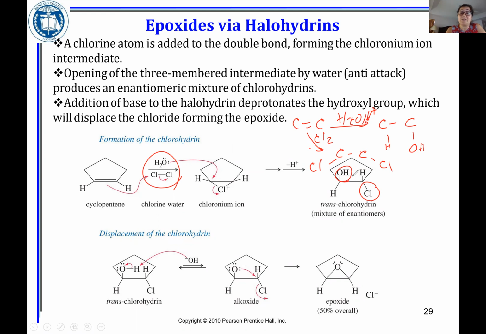If you have halohydrin, in the next step, the second step of the reaction, if you add base to it, like sodium hydroxide, what's going to happen in the basic solution is it's going to deprotonate. So the base is going to remove hydrogen from the OH. You have the negative charge, and that negative charge on the oxygen is going to act as a strong nucleophile.